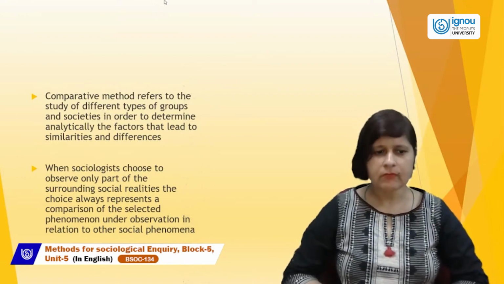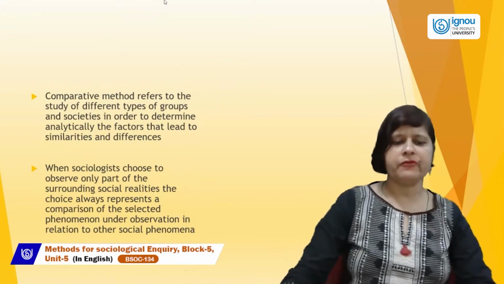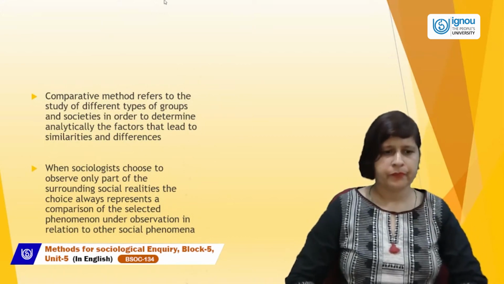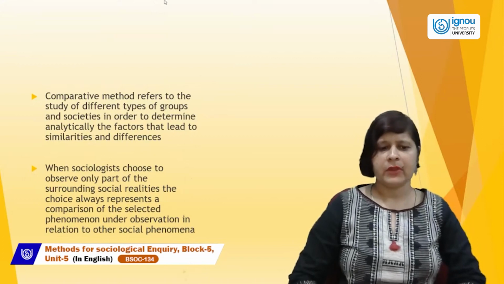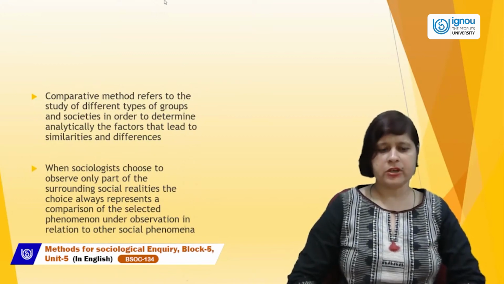When sociologists choose to observe only a part of the surrounding social realities, the choice always represents a comparison of the selected phenomenon under observation in relation to other social phenomena.